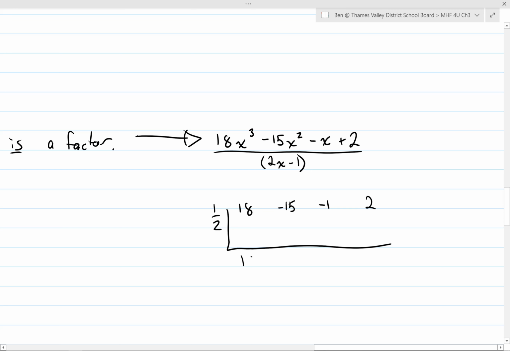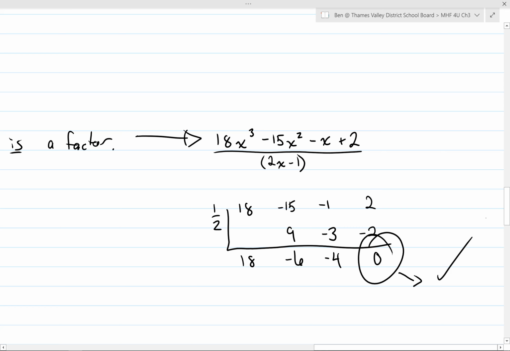Nice and easy. I bring down the 18. I multiply 18 times 1 over 2. That is 9. Negative 15 plus 9, I'm working with negative 6. Negative 6 times 1 over 2, that's negative 3. Working with negative 4. Negative 4 times 1 over 2, I'm working with negative 2. Good. I find the 0 here at the end.